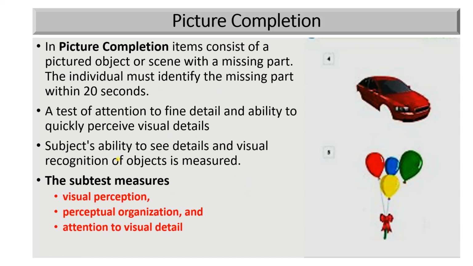And to sum up, this test again measures the visual perception, perceptual organization, and most importantly, attention to visual details, the minute details of the pictures. If these abilities are there, one will be scoring better, and lower score will indicate impairment in these cognitive functions.